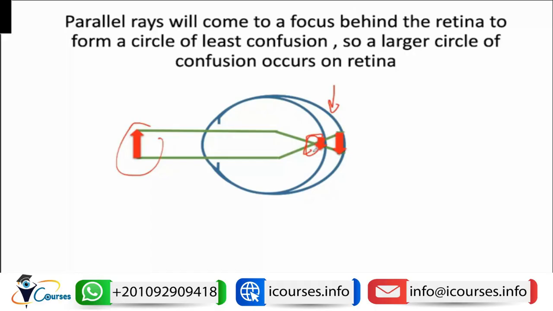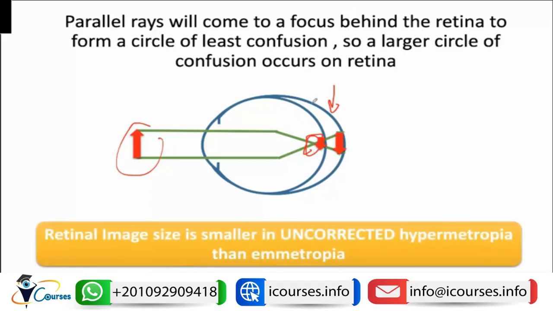The image size in the emmetropic eye will be normal, but in hypermetropia, the image size will be smaller. So let's make another illustration.